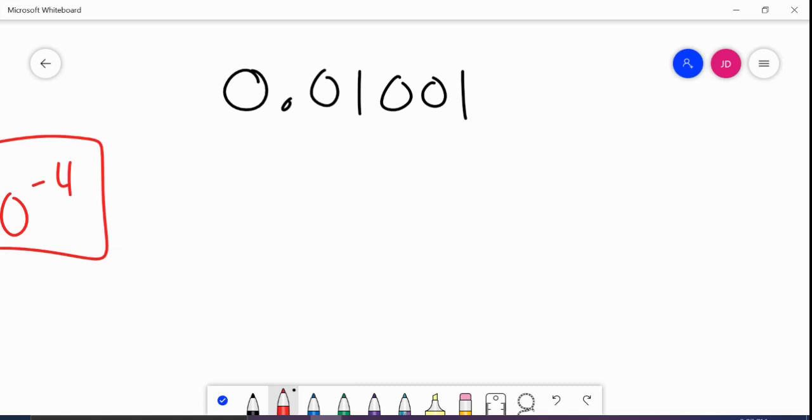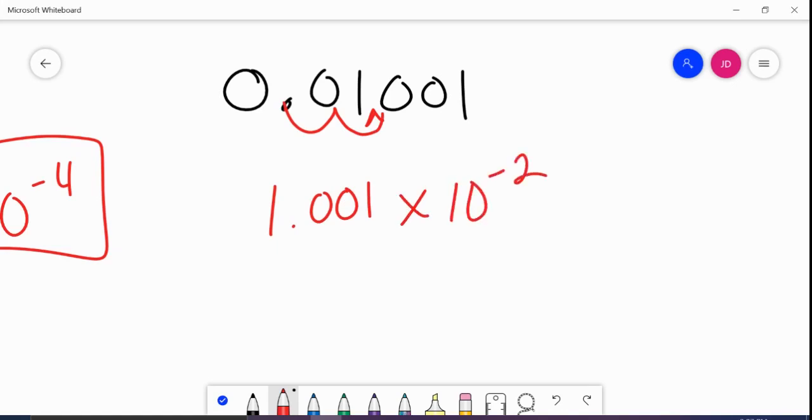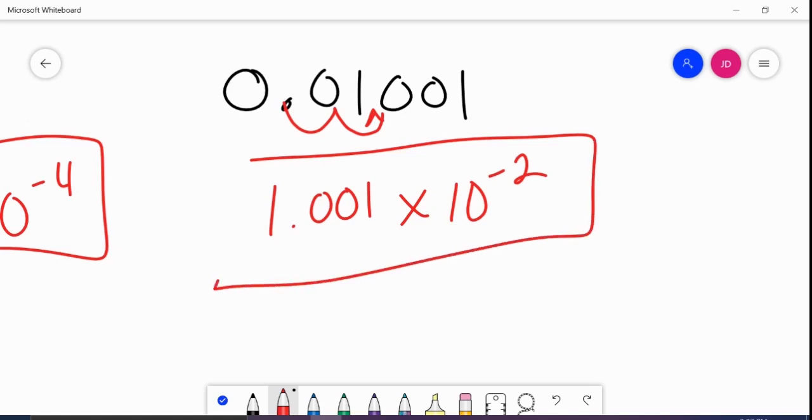I have the decimal here. Read from left to right. The first non-zero digit is right here, 1. So I put the arrowhead right after it. And then I move how many spots? 1, 2 spots. So your answer would be 1.001 times 10 to the negative 2 power. All right, and that's how you write it in scientific notation.